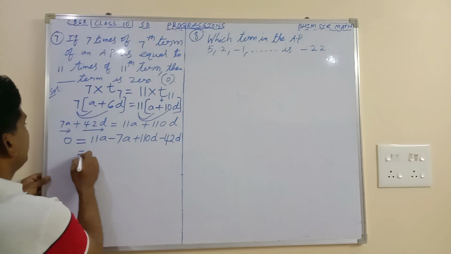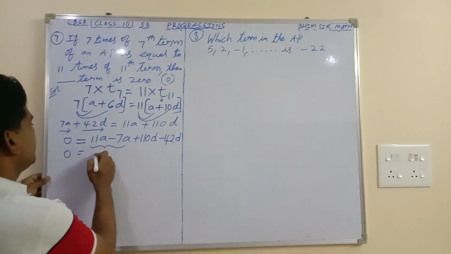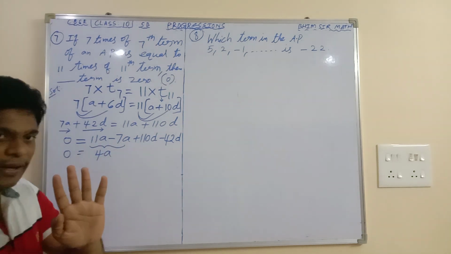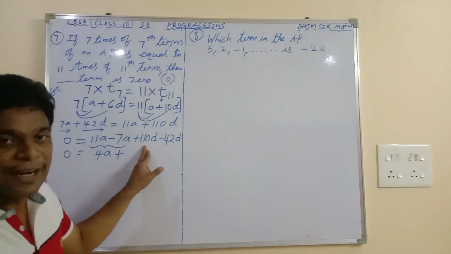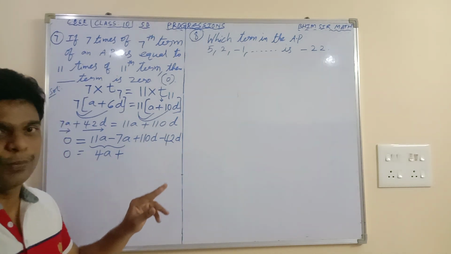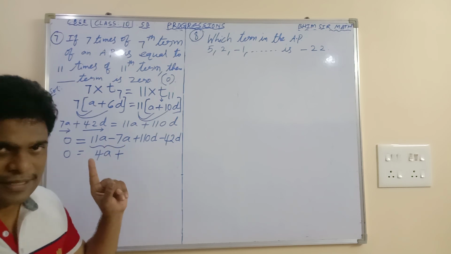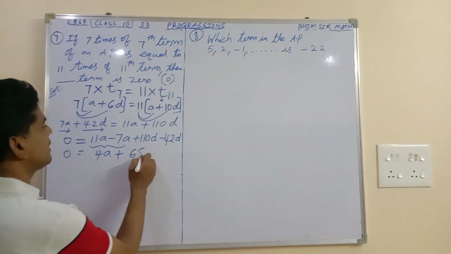So 11A minus 7A is only 4A. 110D minus 42D is 68D.